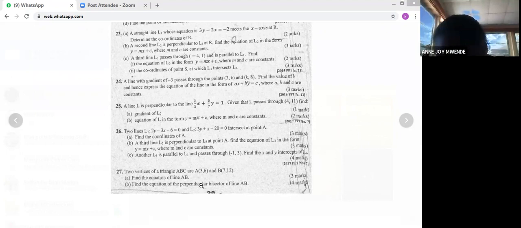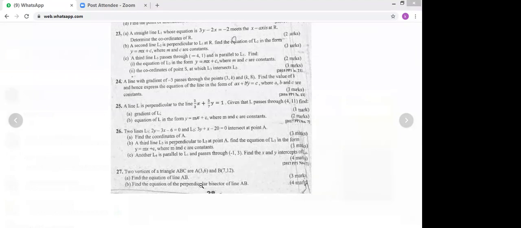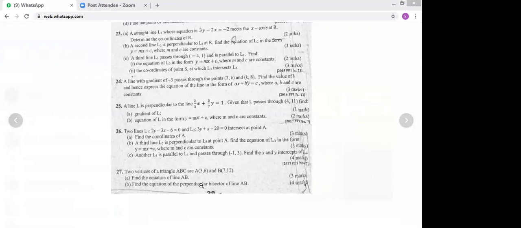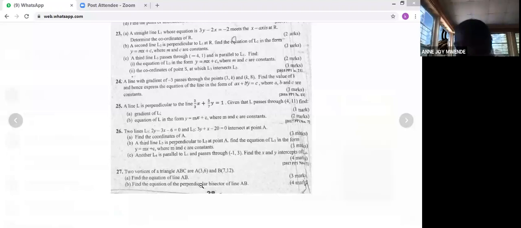So your c is 9/2, which is 4.5. But we don't give the y-intercept as only 9/2 because it is a point. So we must have 0, 4.5. Is it okay? Yes.